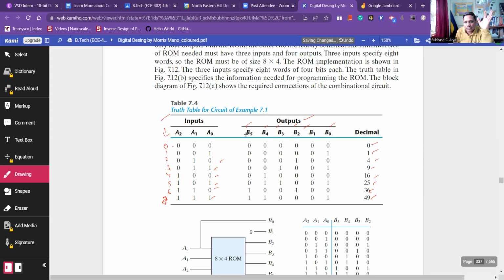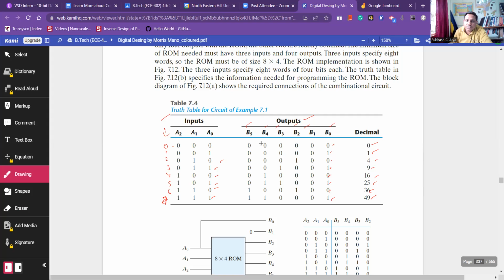Now you can see these are the squares of the input number: 0, 1, 4, 9, 16, 25, 36, 49. I hope you could understand this truth table, because it gives the relationship between the input and output as per the statement of the problem.